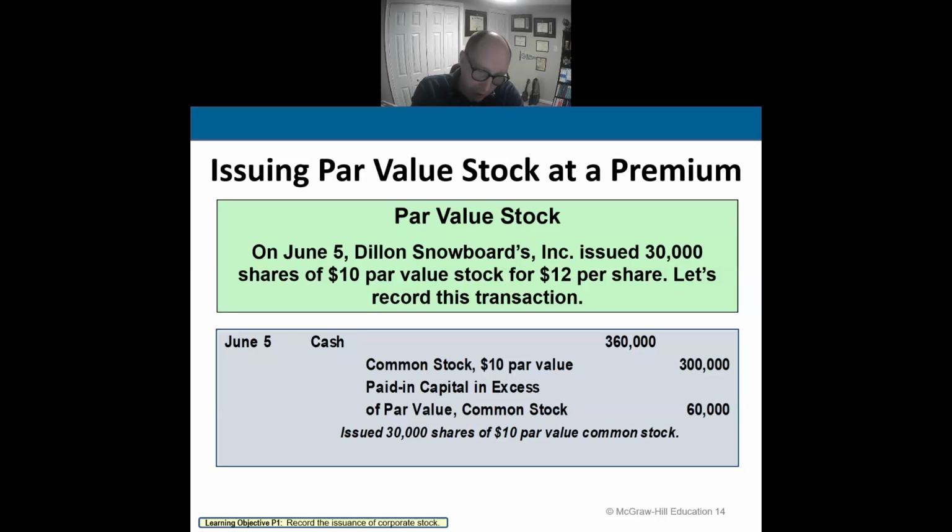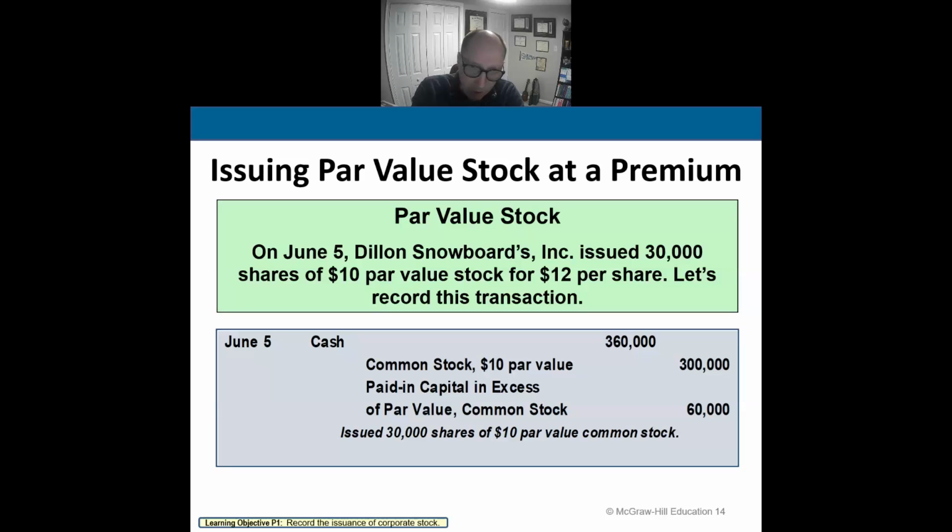Because each share of stock is worth $12 on the market, it has a par value of 10. It's worth 12. So they sell it for $12 per share. But we still have to book it based on its par value.